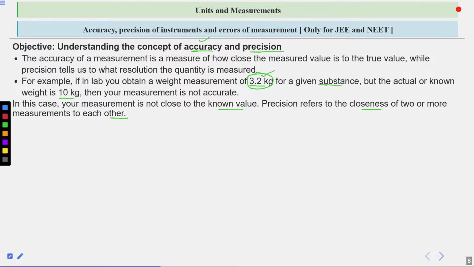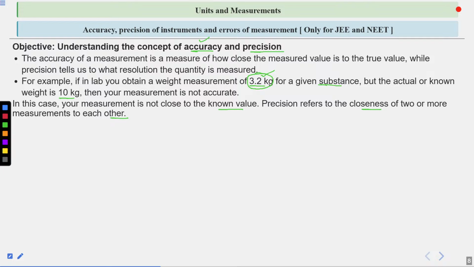So basically accuracy gives us how close the measured value of any instrument is to the true value. Is there a true value or not? 3.2 kg and 10 kg. Not true.